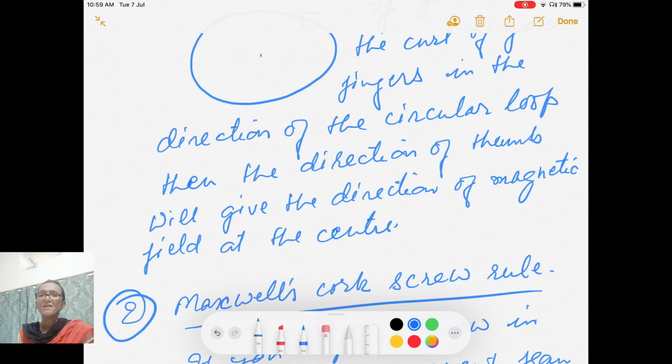So we will learn the magnetic field due to a straight current carrying conductor, due to a circular loop, and due to a solenoid, meaning a loop of several turns. We will be learning only magnetic field and magnetic force.